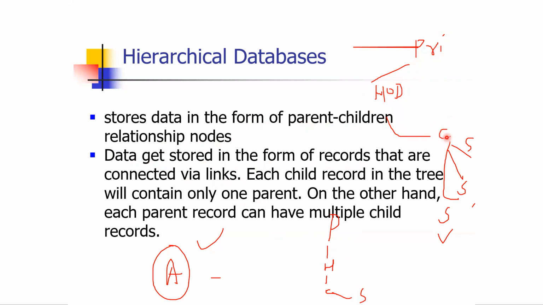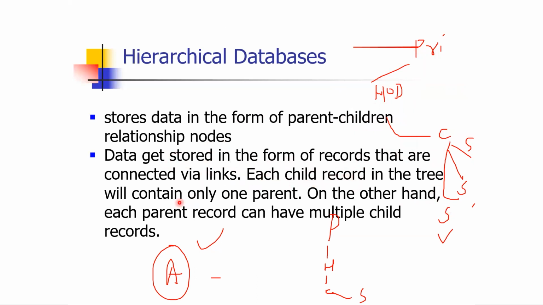And for the class teachers, the subject teachers are the children. This is called a parent-child relationship. All records are connected by links between principal, HOD, class teacher, subject teacher.